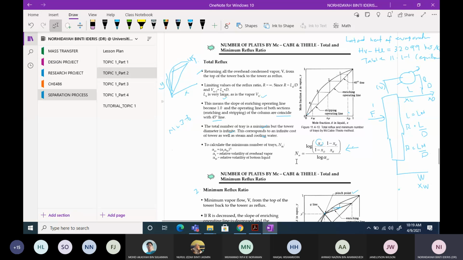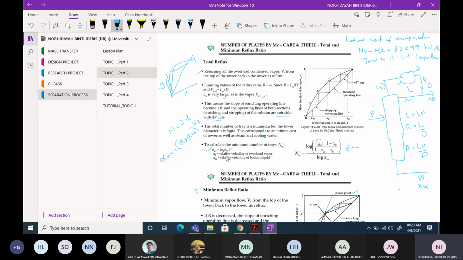In order for you to calculate N minimum, for the XD and XW, here you have alpha average equal to alpha 1 times alpha W, to the power of half.